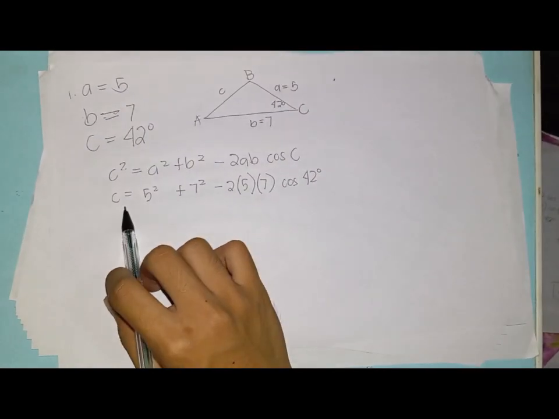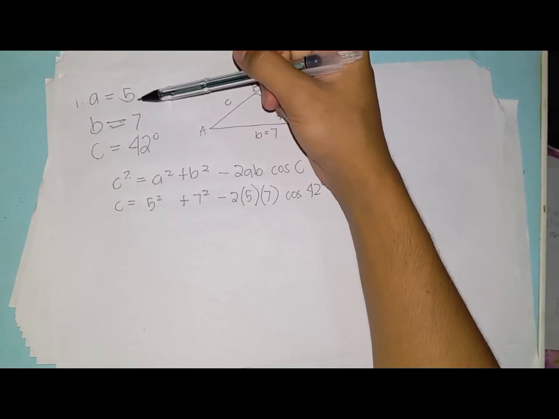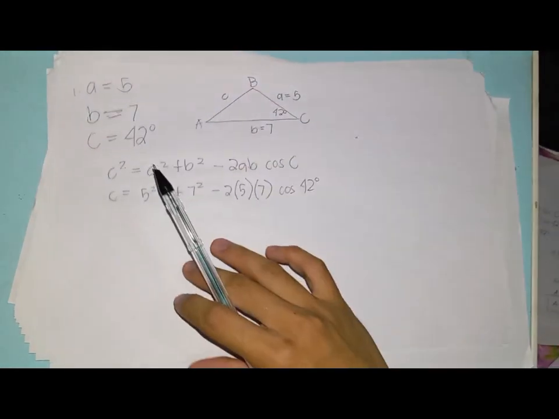Here we substitute the given values, a equals 5 and b equals 7.